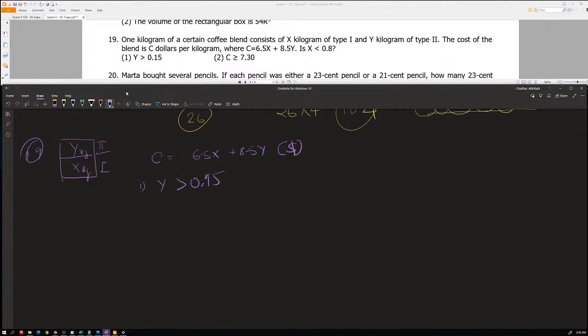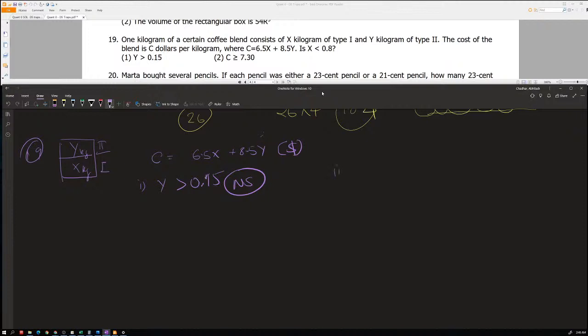First of all, it is open-ended. Second, it is asking about the cost C, the cost of the blend. So can we determine C? We don't know X, and we know Y is open-ended, so definitely this is not sufficient.